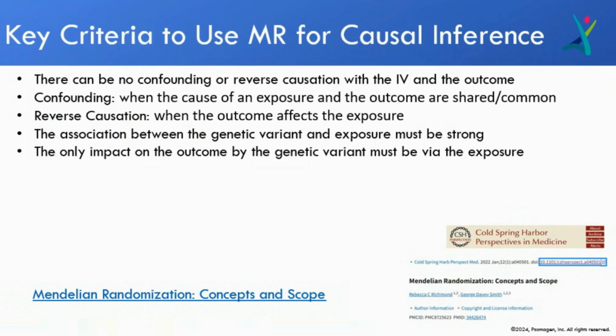The association between the genetic variant and the exposure must be strong. There are instances where people have used multiple variants together because alone, a single one wasn't sufficiently strong enough to be used to infer causation. The only impact on the outcome by the genetic variant must be via the exposure.